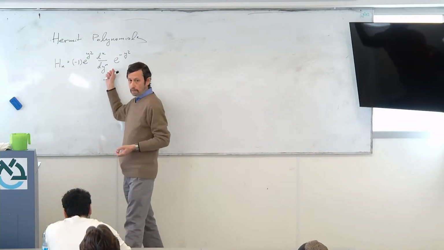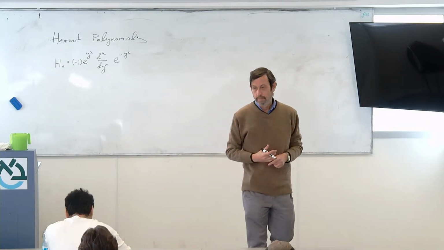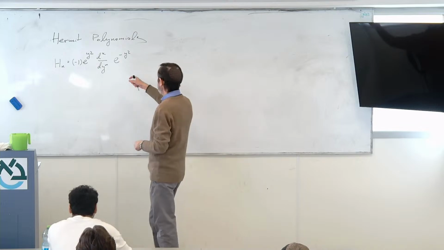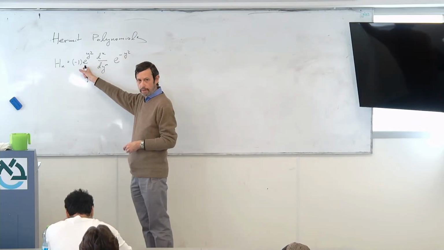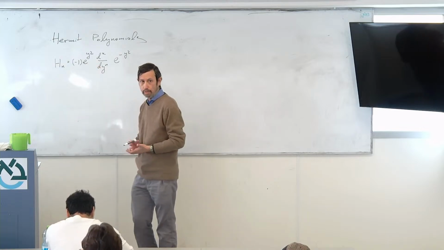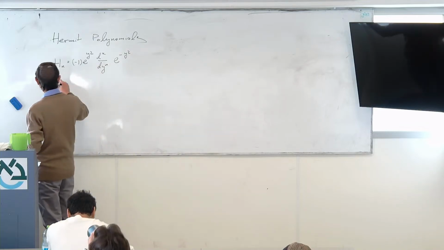Perform the derivative n times. You'll remain with e to the minus y squared, which will be cancelled out by e to the y squared, and you'll be left with a polynomial. Straightforward, simple.